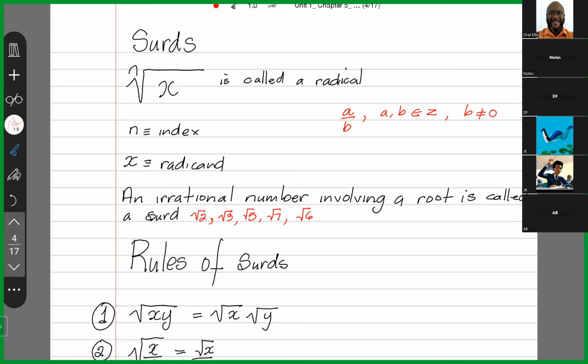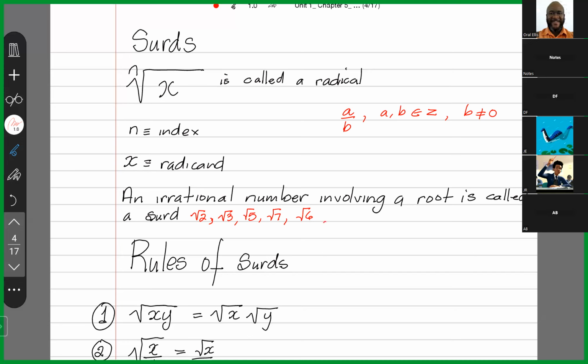Ultimately, the root of 6 is called a surd because the root of 6 is irrational. All right, I think once you're finding the root of a number that is not a square number, once you're finding the root of a non-square number, what you have is a surd.